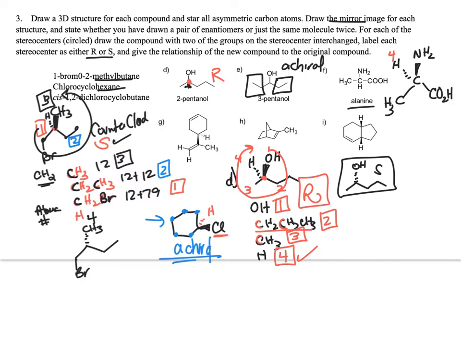Nitrogen has a higher atomic number, so that would be 1. And then we have a carbon and a carbon, but that carbon's connected to 3 hydrogens. This one's connected to 2 oxygens, so this would be 2. And then that would make that 3. So 1, 2, 3, 4. That would be R. And so then if you wanted to draw your S enantiomer, you would just draw the amine going back.